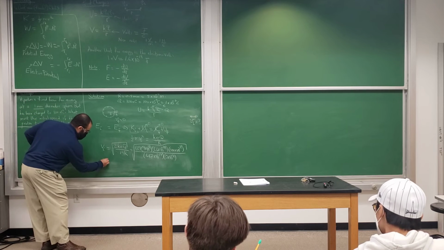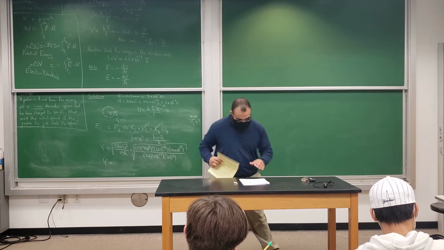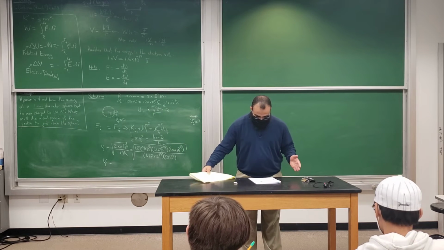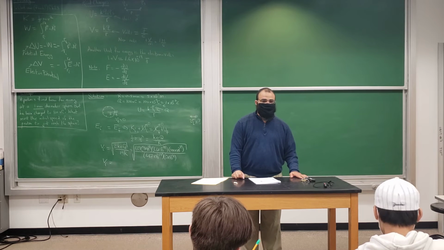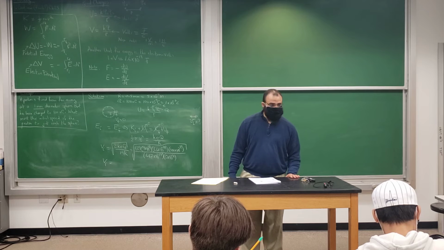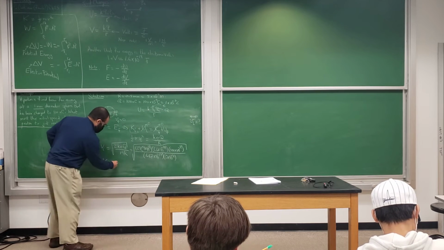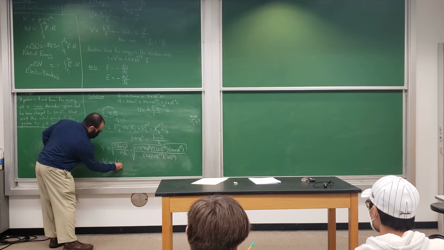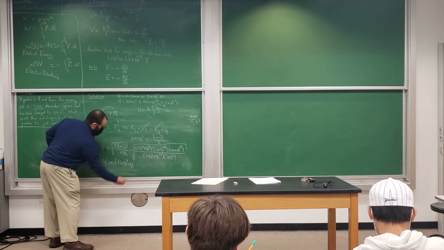I will tell you the result. I think it's about 1.86 times 10 to the 7, according to the answer. Okay, cool. All right, 1.86 times 10 to the 7th power meters per second.